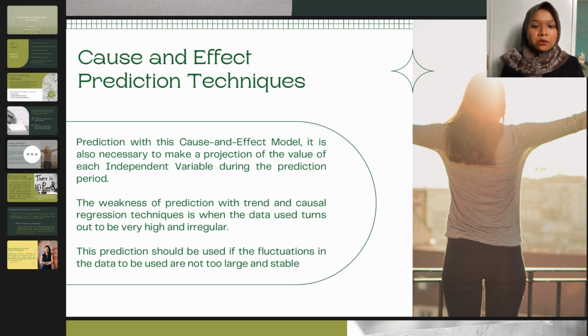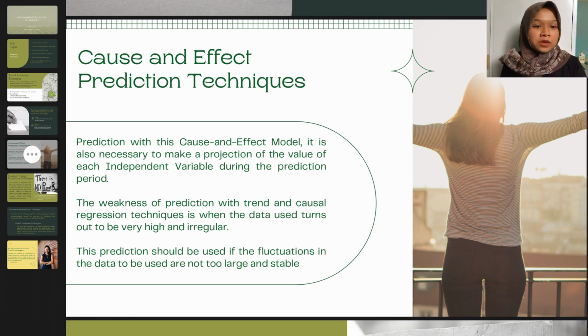However, the weakness of prediction using trend and causal regression techniques is when the data used turn out to be highly fluctuating and irregular, as happened in the 1997 until 1999 Indonesian economic crisis.